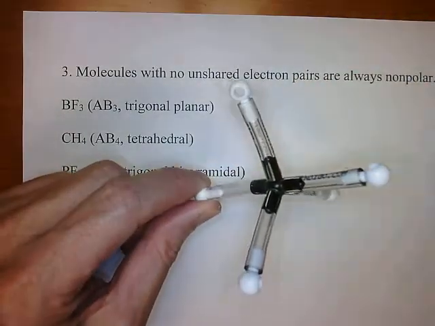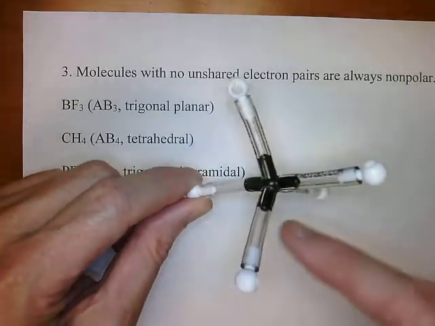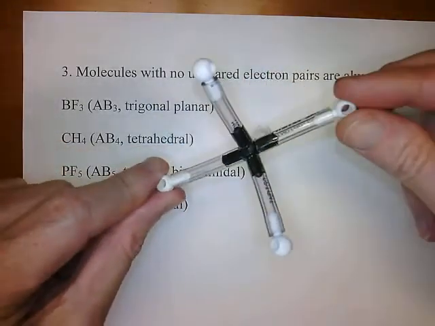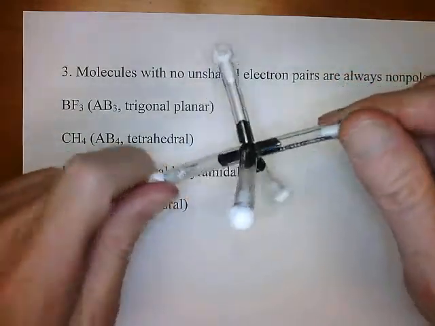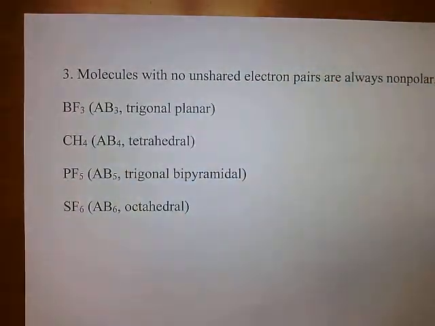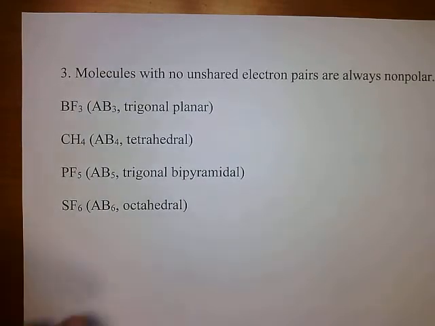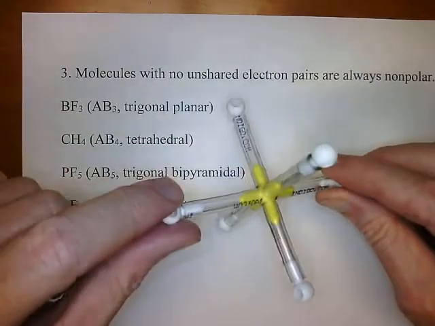And these three are arranged evenly in a circle, so they cancel each other out, right? So this molecule is completely symmetrical. That makes it nonpolar. And last, our sulfur hexafluoride, AB6, same thing.